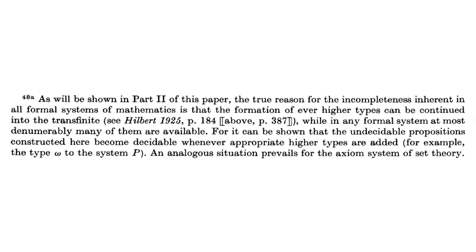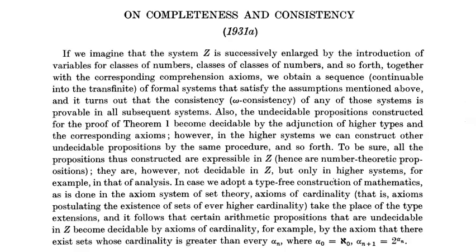For example, the type omega to the system P. An analogous situation prevails for the axiom system of set theory." He never wrote part 2 of this paper, but he did later write a different paper in which he reinstated that. He said, okay, if you have your system with certain types, you will have undecidables, but if you add an additional type, then these undecidables will become decidable.